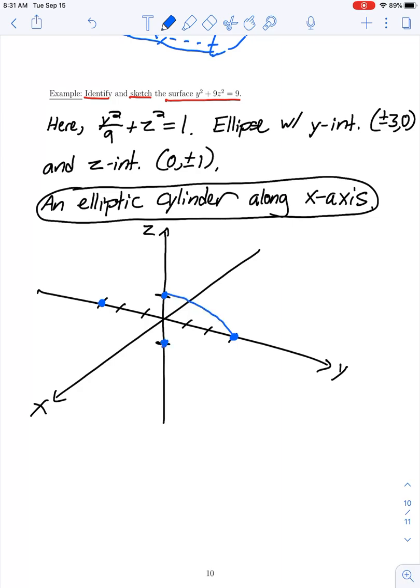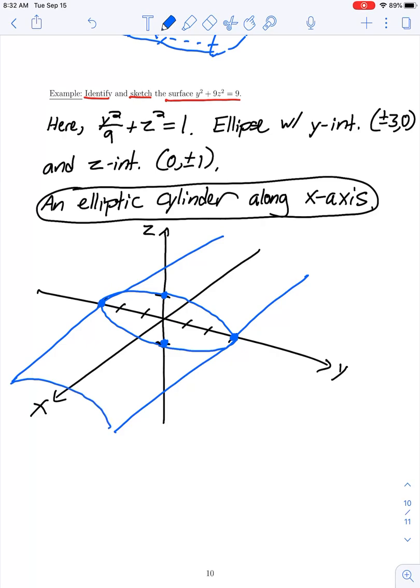So we would have the ellipse in the yz plane shown here. And regardless of the value that we choose for x, we're going to get that exact same trace of an ellipse in any plane which is parallel to that yz plane. So we have an elliptic cylinder extending along that x-axis.